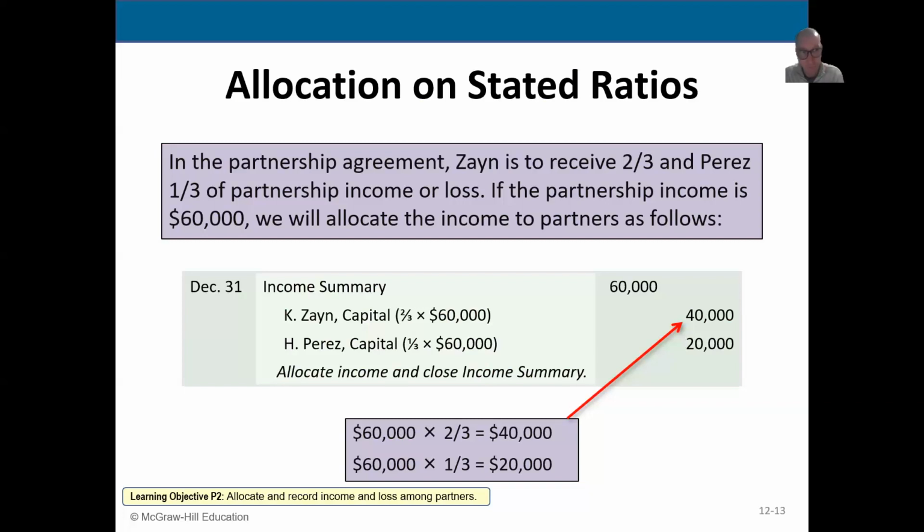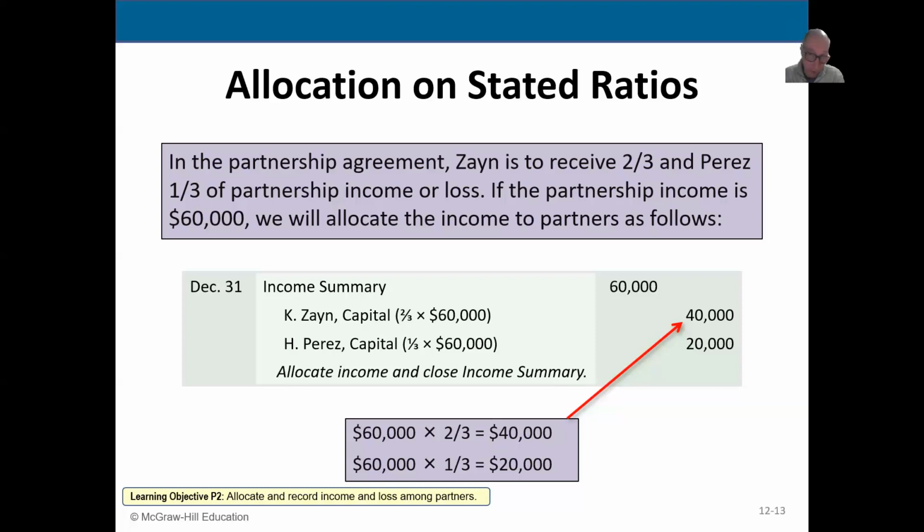So here we have some net income. The business brought in a net income of $60,000 in the first year. Great. So what that means is we allocate 2/3 of the $60,000 to Kayla and 1/3 of the $60,000 to Hector.